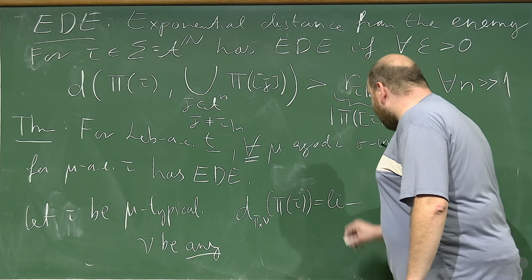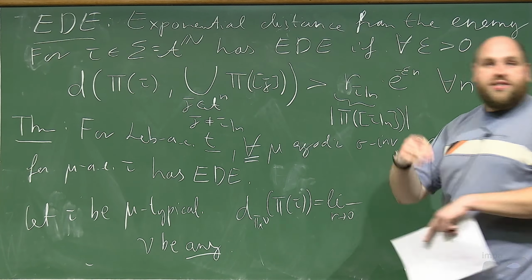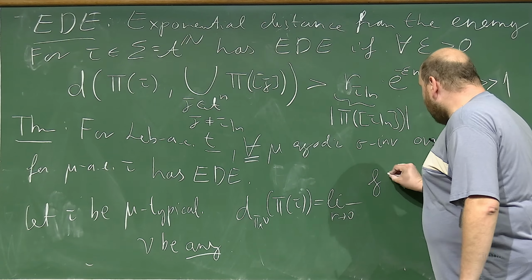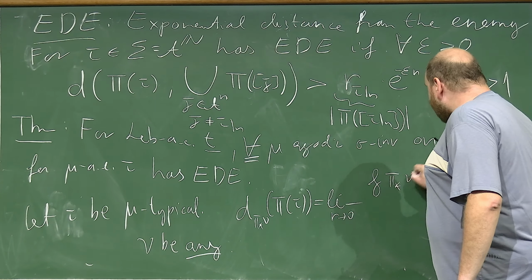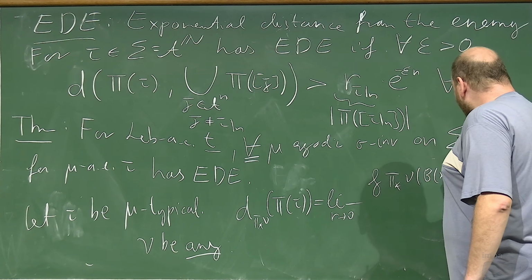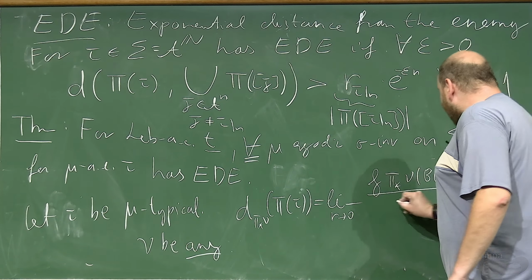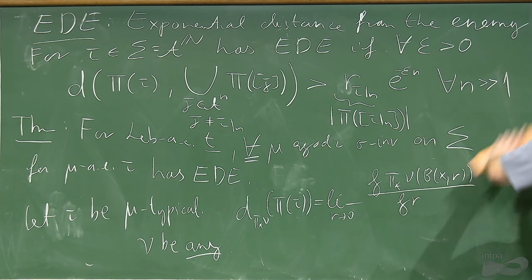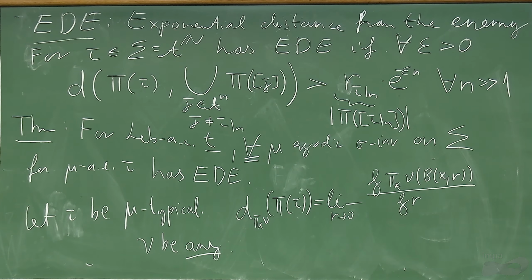This is the limit, if it exists, otherwise the lim inf or lim sup, of the log of the measure of the ball with radius r divided by log r. Also, I can take this limit along subsequences.